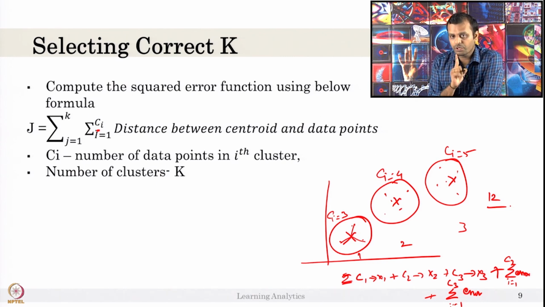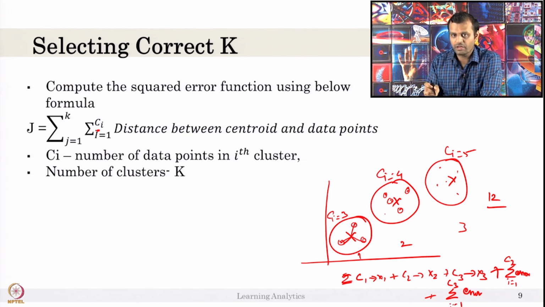If I choose k equal to 12, there will be 12 clusters, which means the center of each cluster is actually the data point and the distance between the data point and the cluster center is 0, right. If you add the error of all these values, it will be 0. So, if you choose k equal to the number of data samples, the value will be 0, okay.